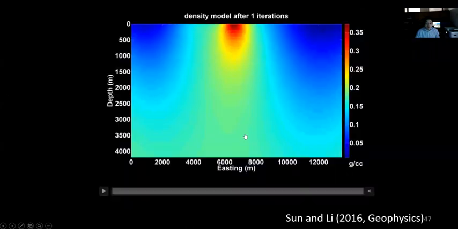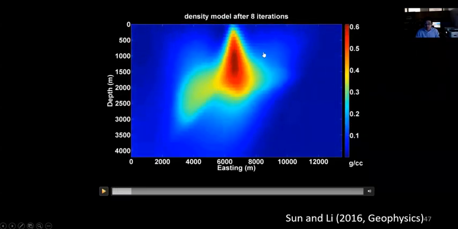So here's a movie that shows the jointly inverted density model after each iteration. What you will see is that in the first few iterations, we don't see much detailed structure of the salt body recovered. This is pretty much similar to the density model from separate inversion.